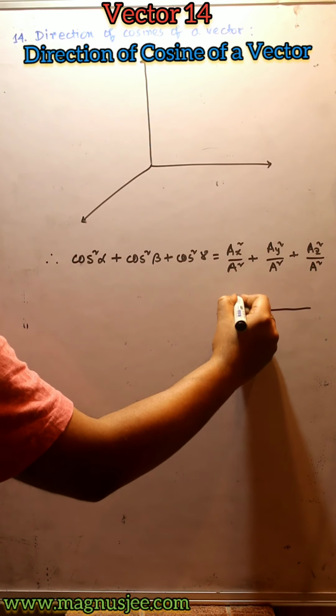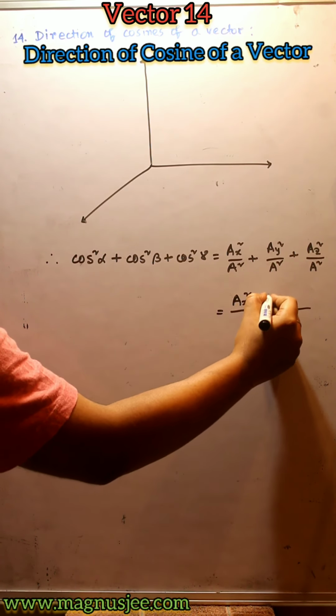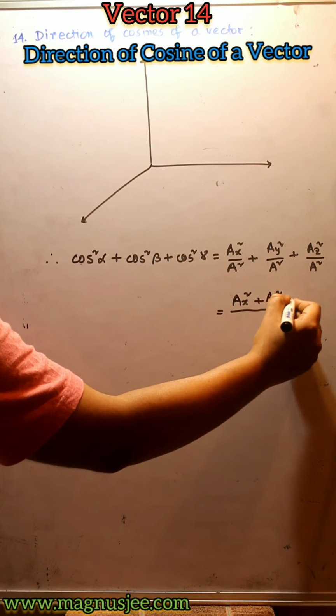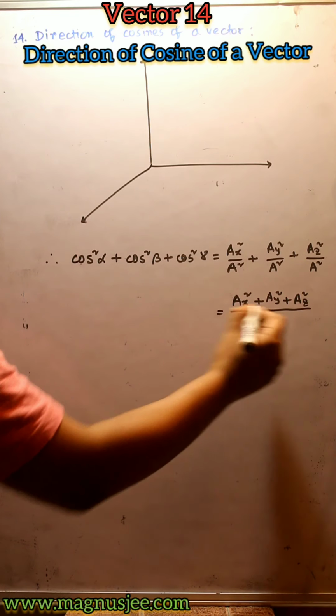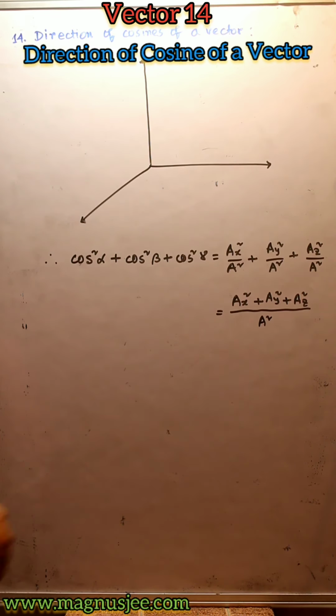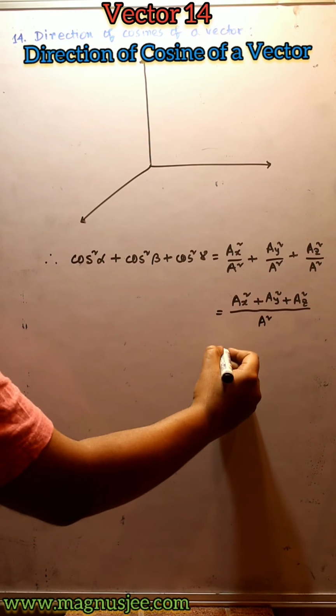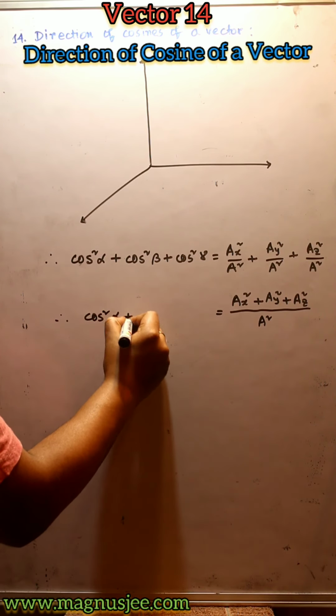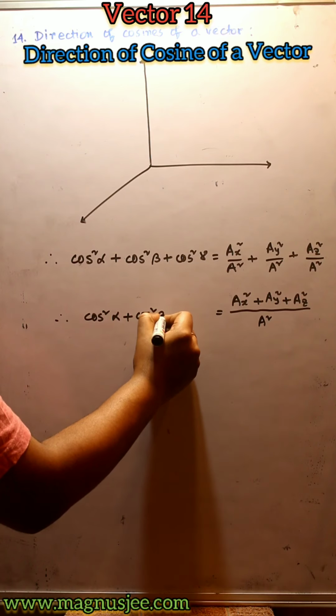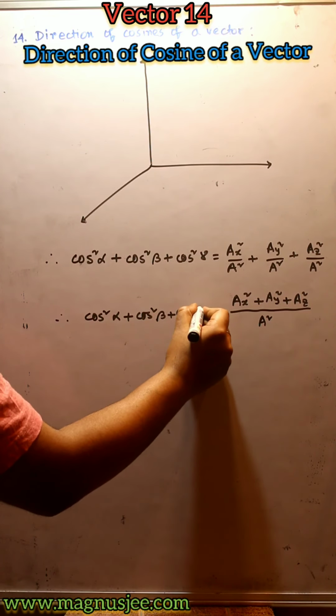Doing the LCM, Ax square plus Ay square plus Az square in the numerator, divided by A square, is equal to cos square alpha plus cos square beta plus cos square gamma.